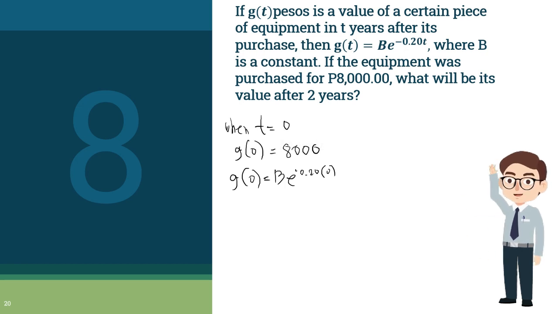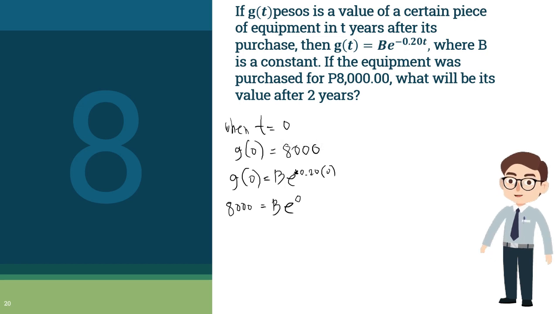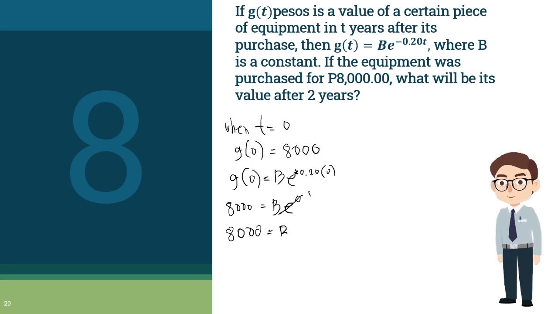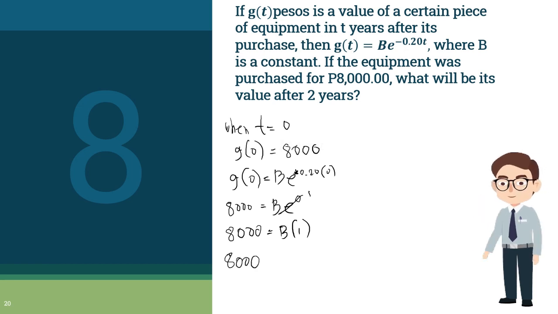So our G of 0 is 8,000, equal to B E negative 0.20 multiplied by 0 is 0, and E raised to 0 is equal to 1. That is 8,000 is equal to B multiplied by 1. Simplifying it, 8,000 is equal to B. So we now have the value of our B.